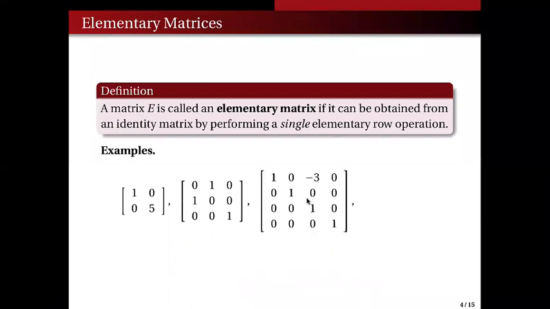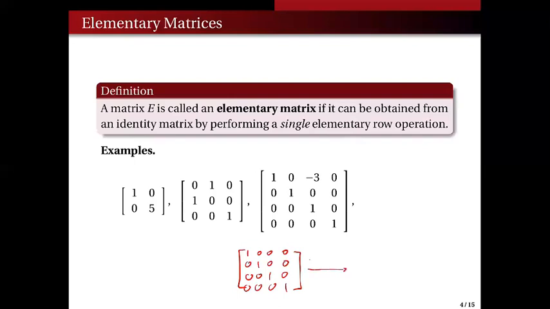Another one here: 1, 0, negative 3, 0, then 0, 1, 0, 0, 0, 0, 1, 0, 0, 0, 0, 1. So this is from the 4 by 4 identity matrix.